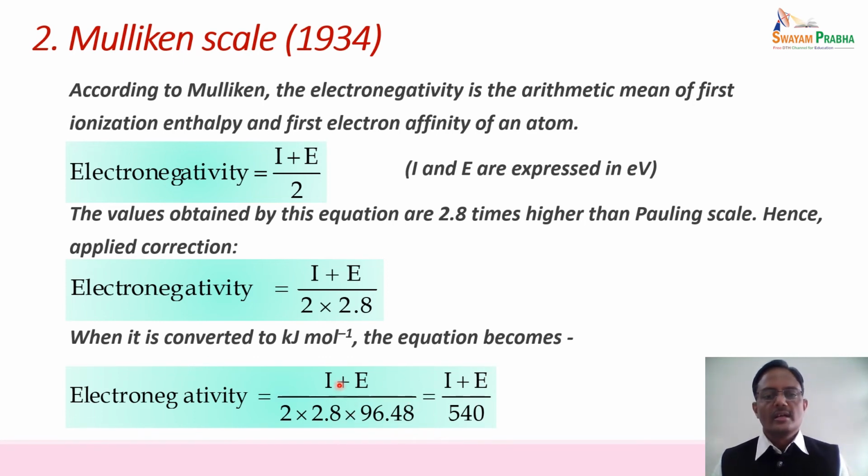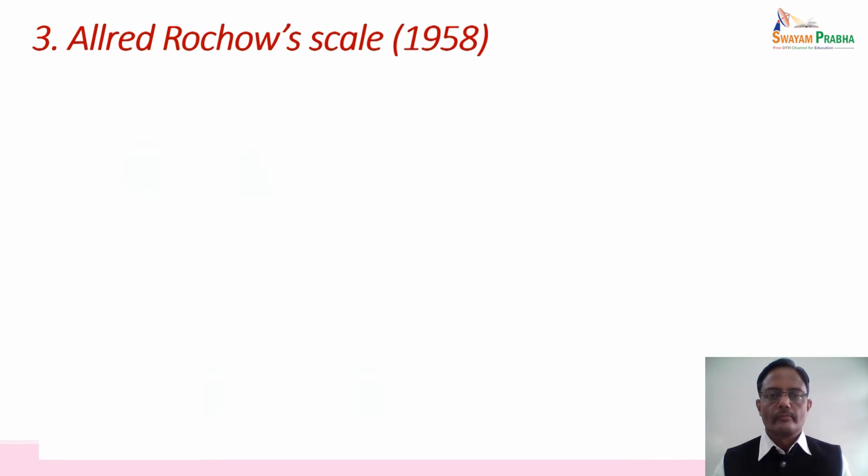It is a correction factor, or what we can say is the conversion factor of the values of I and E from electron volts to kilojoule per mole. And hence the value of electronegativity comes out to be I plus E divided by 540, and on that scale we know that the Mulliken scale and Pauling scale match with each other with this correction.